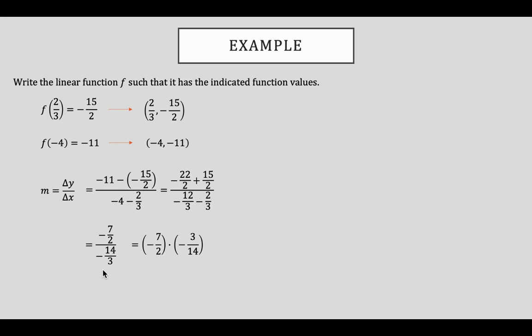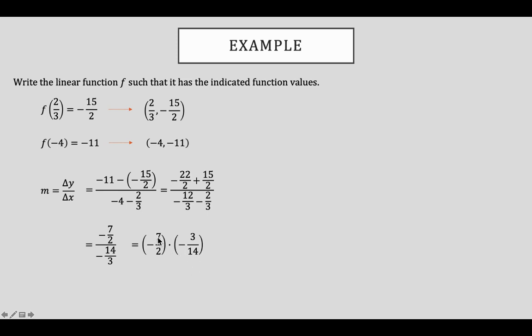All right, -7/2 times -3/14. Notice that the negatives are going to cancel out and give us a positive. Now, multiplying fractions, we can multiply straight across. That will definitely work, but it'll give us some bigger numbers to work with when we try to simplify. One thing that we can do is cross cancel here.